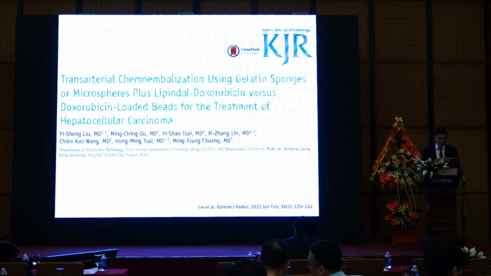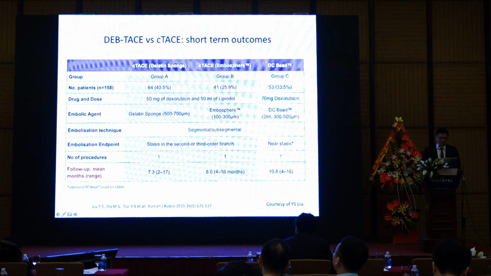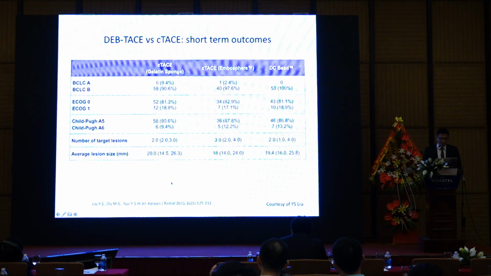Another data is from Taiwan, published by Dr. Liu. He compared conventional TACE and DEB-TACE by dividing all patients into 3 groups. This study has short-term follow-up, with a mean follow-up time of nearly 16 months.